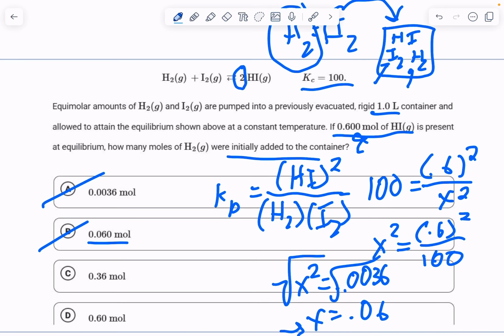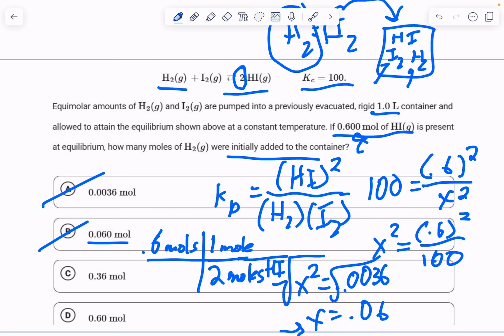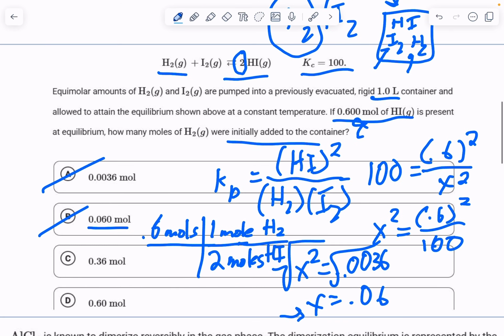If 0.6 moles were made, that means for every 2 moles of HI, we had 1 mole of H2. So that's 0.3 moles of H2.